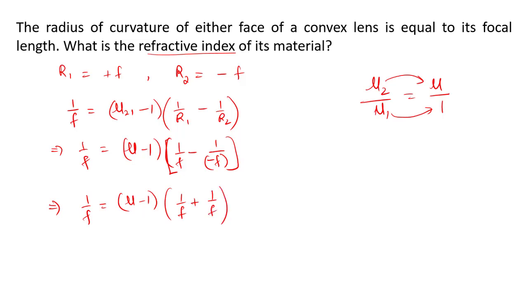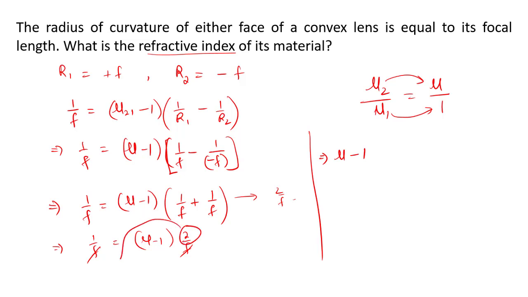And 1 by f plus 1 by f is 2 by f. So 1 by f equals mu minus 1 into 2 by f. Then f and f can cancel. Transposing 2, mu minus 1 is equal to 1 by 2.